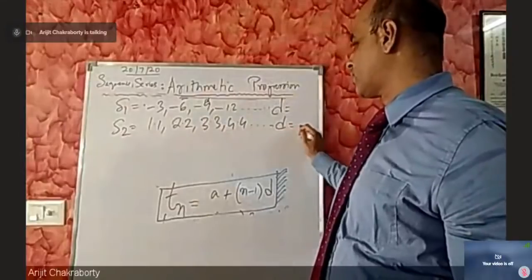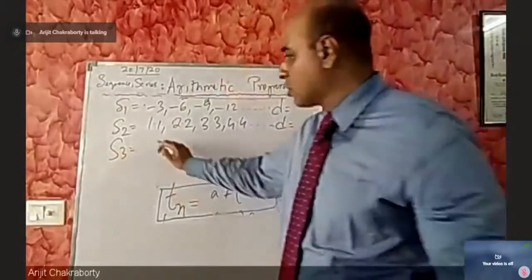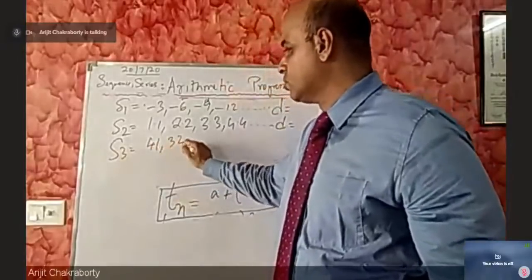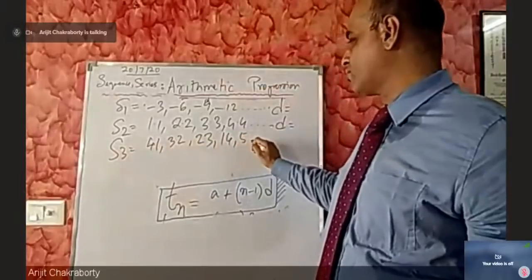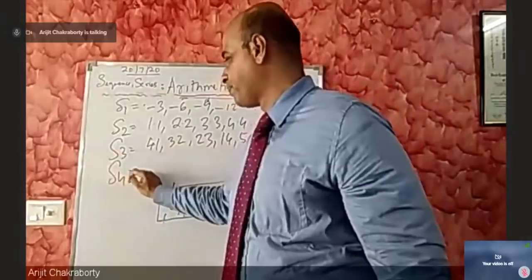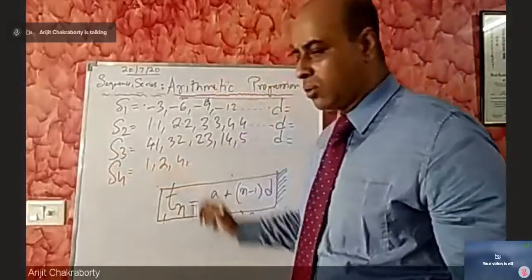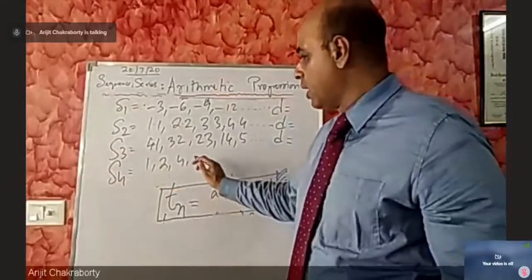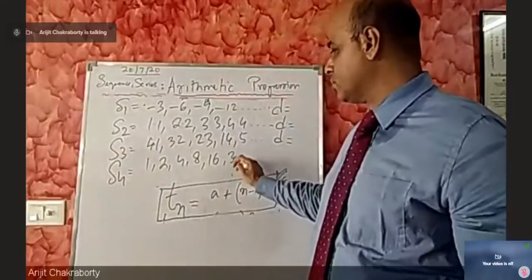You have to find the difference. Series 3: 41, 32, 23, 14, 5, and so on. What is the difference? Series 4: 1, 2, 4, 8, 16, 32.